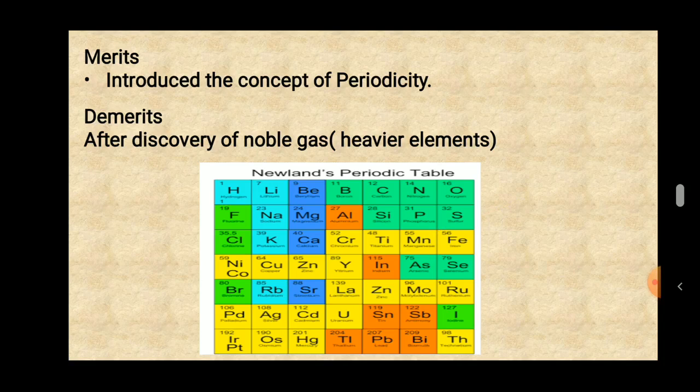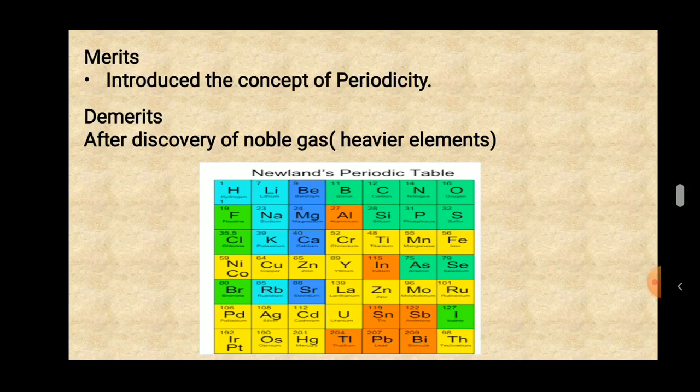This is called periodicity. At that time the name periodicity was not given, but at least he introduced the concept of periodicity. So this is the success of Newland's periodic table.